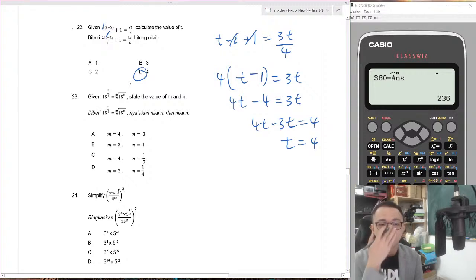Alright, so I'm the last batch already. No hope. It's fine, you just do your best. Like what I said in the previous class, even though you can't do all the KBAT questions, you will still get A. This is the good news from the bad news. The bad news is KBAT questions are definitely there. But the good news is, from what I see each year of SPM, even though you can't do all the KBAT questions, you can definitely still get A. But you must get all the non-KBAT questions correct.